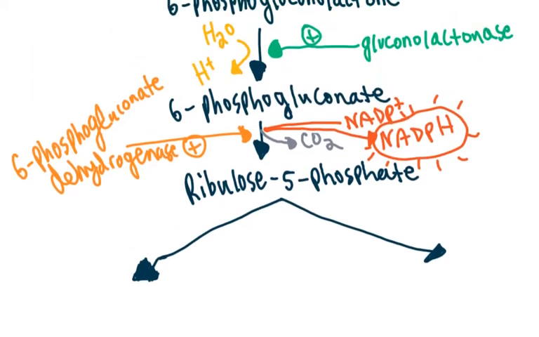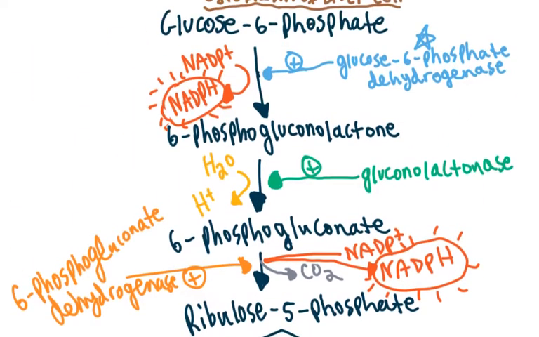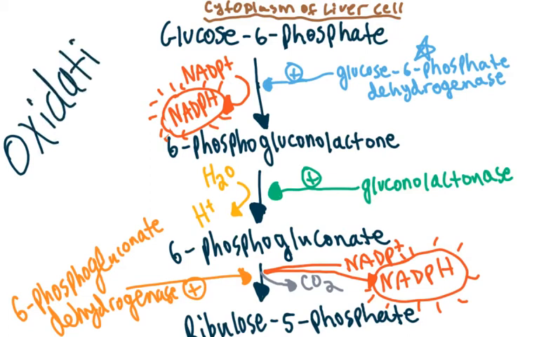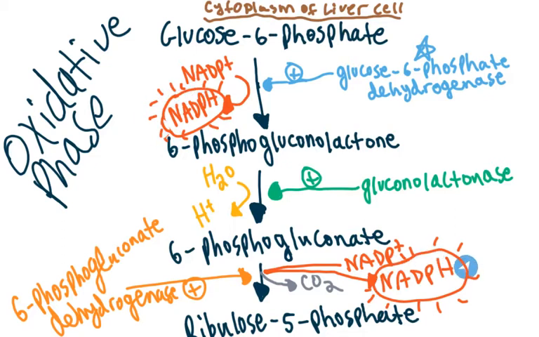So the main purpose of the oxidative phase, or the aerobic part of our pentose phosphate pathway, let's write this down. This was the oxidative phase of our pentose phosphate pathway that was occurring in the cytoplasm. We took the liver cell for an example. We made 2 NADPH molecules.